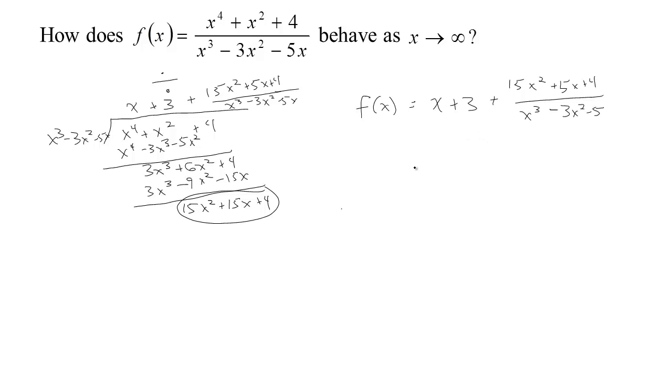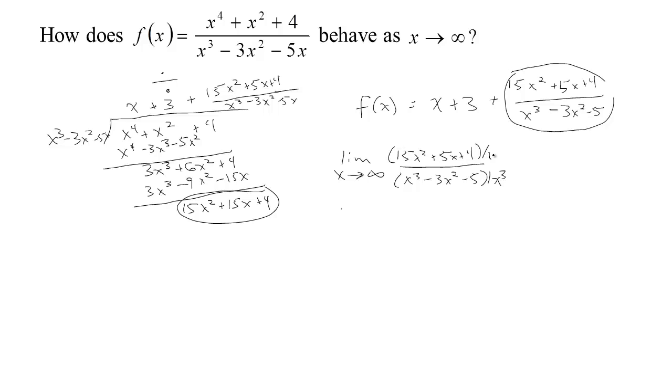Okay, so now we can see that this remainder over divisor part is going to disappear as x tends to infinity, because the limit as x tends to infinity of 15x squared plus 5x plus 4, if we divide the numerator and denominator by the fastest growing term in the denominator, which is x cubed, then we get the limit as x tends to infinity of, let's see, 15x squared divided by x cubed would be 15 over x plus 5 over x squared plus 4 over x cubed.